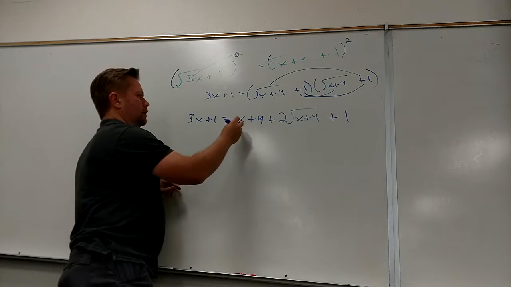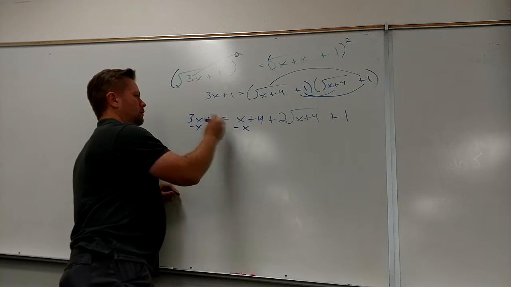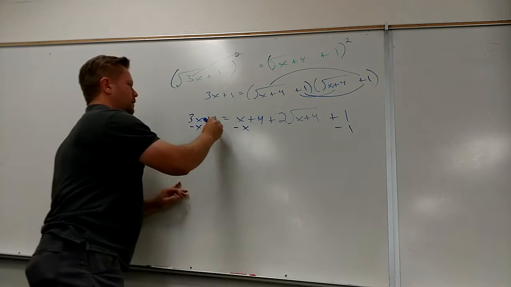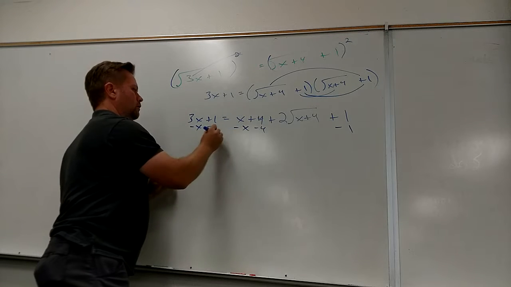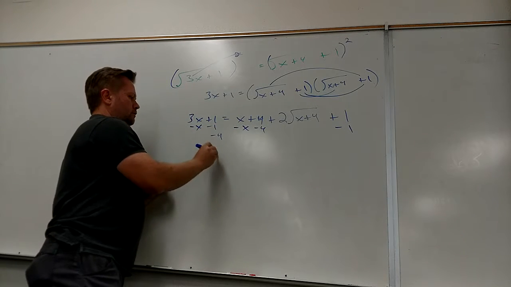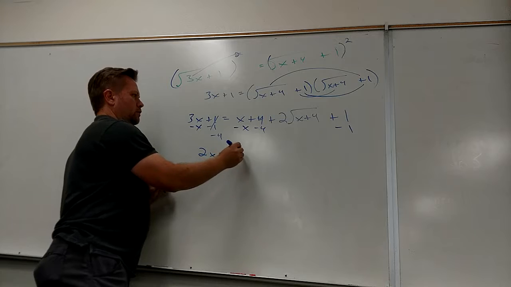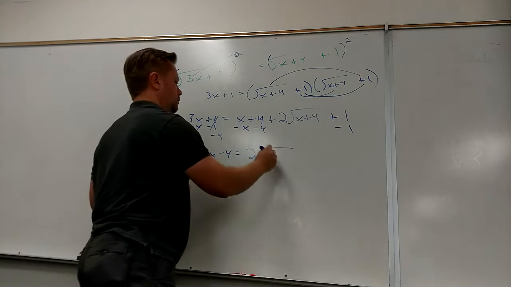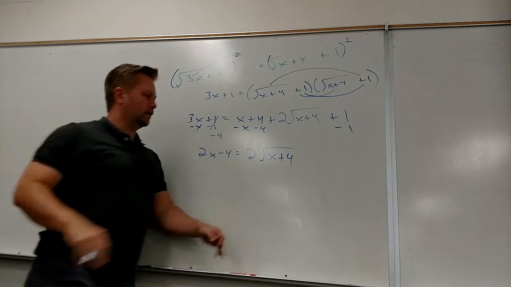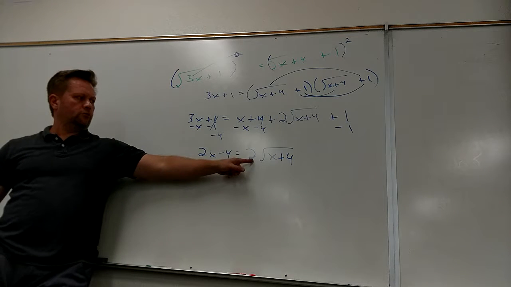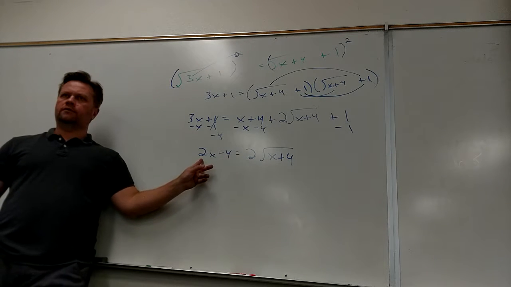So let's see. I can minus x. I can minus 1. That kills that. And then I can minus 4. So I get 2x minus 4 equals 2 times the square root. Okay, we got a little lucky here, but this number won't always go into these.